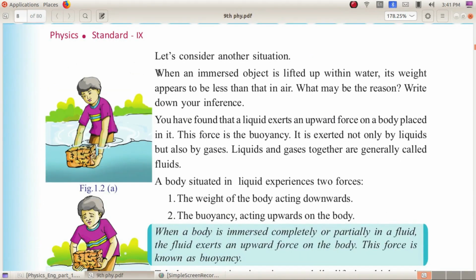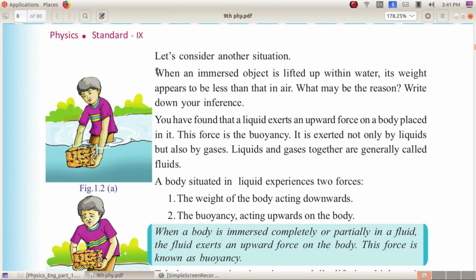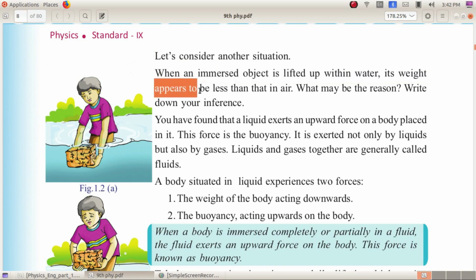Now, the second situation is given here. Let us consider another situation. When an immersed object is lifted up within water, its weight appears to be less than that in air. What is the meaning? The boy is taking this stone or brick from the water.